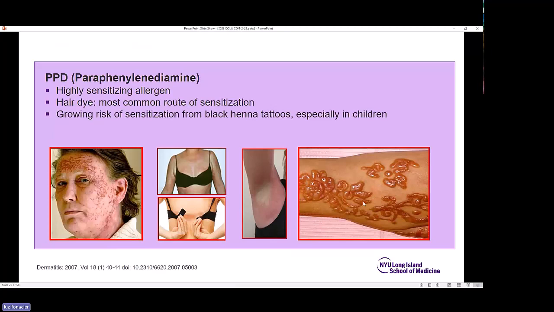Unfortunately, now we have these black henna tattoos, which are used in weddings and in older children and adolescents, and now we have this route of sensitization, and you can see here a contact dermatitis reaction to tattoos.